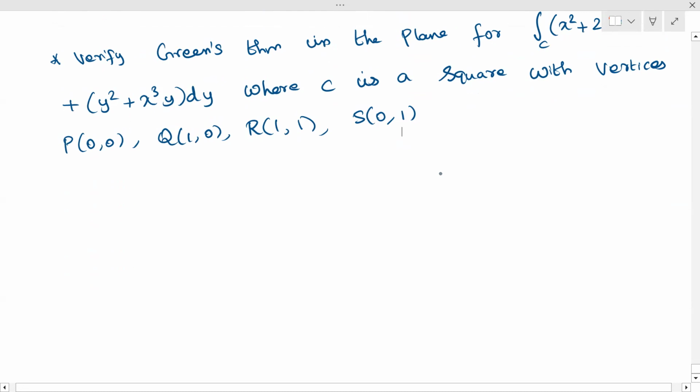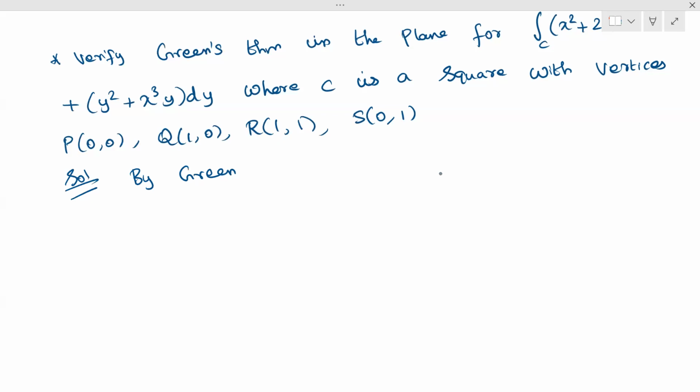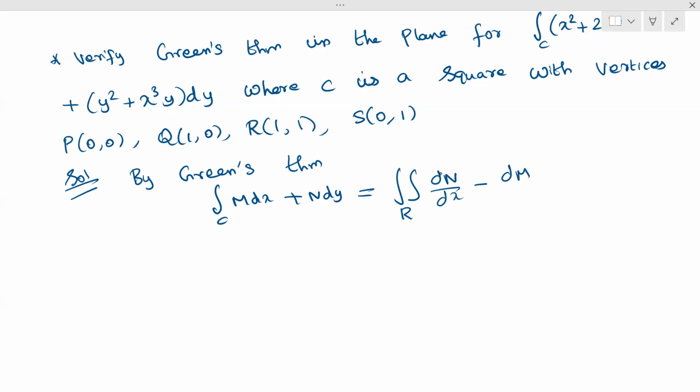So what is the statement of Green's theorem? By Green's theorem, the integral over C of m dx plus n dy equals the double integral over R of dou n by dou x minus dou m by dou y dx dy.